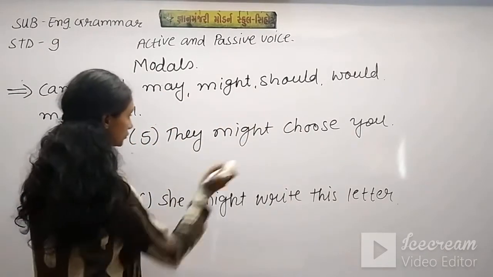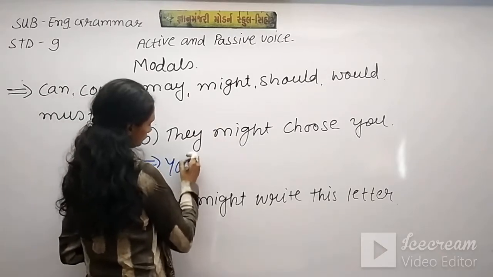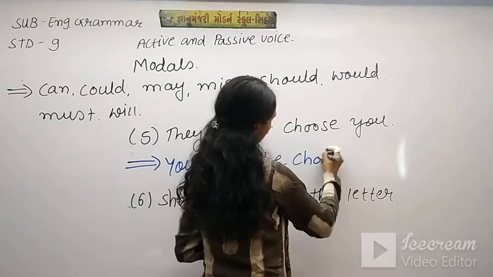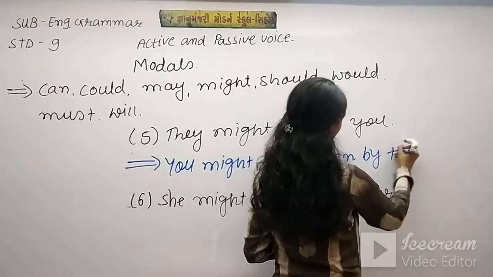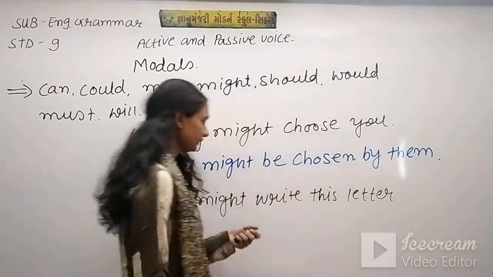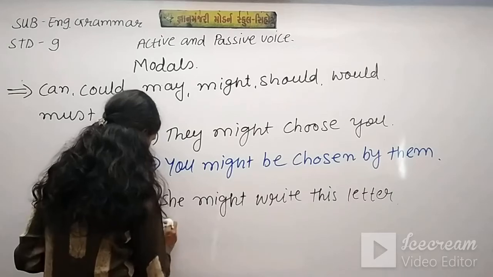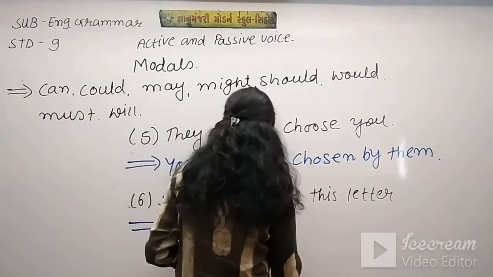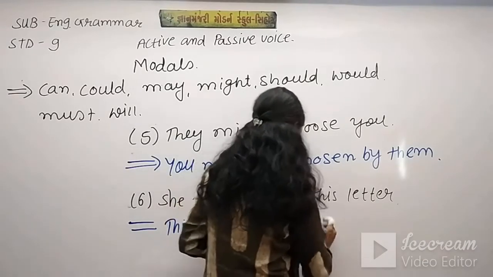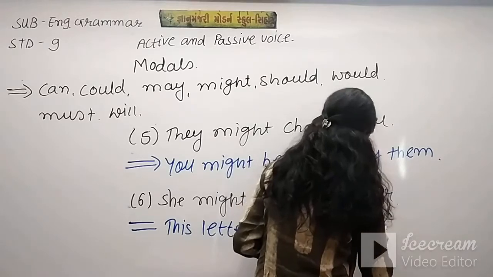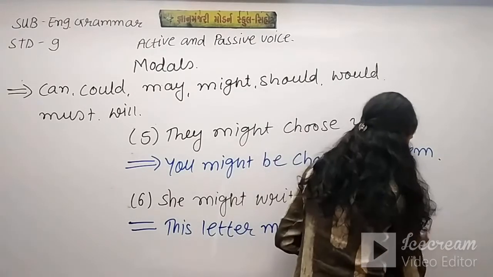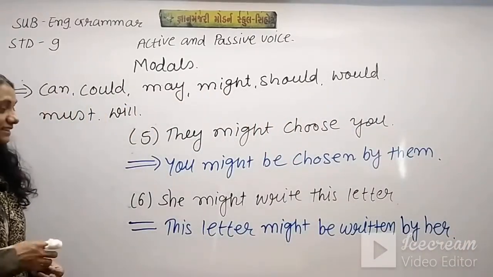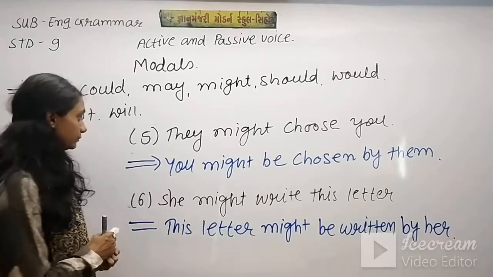They might choose you, so you will come first. You might be chosen by them. And here this letter will come first. This letter might be written by her. Okay, so this way we can change sentences of might into passive voice. Please note down.